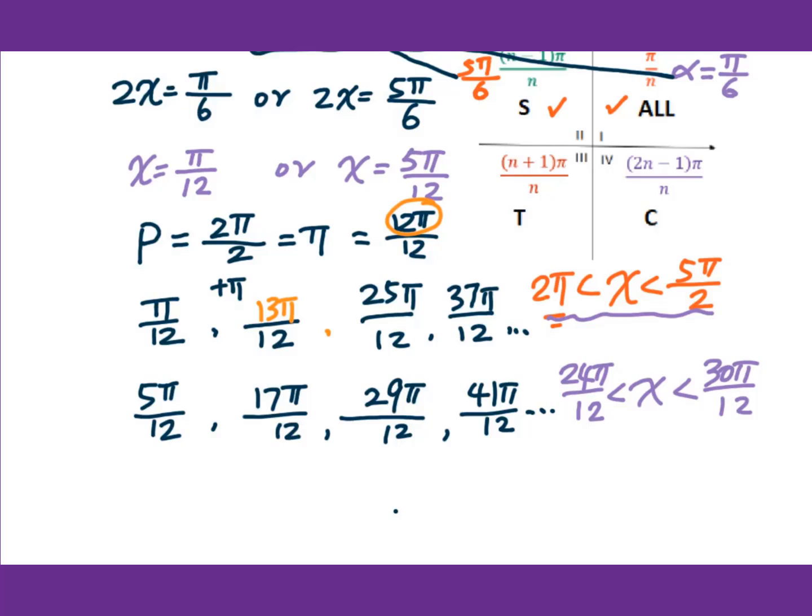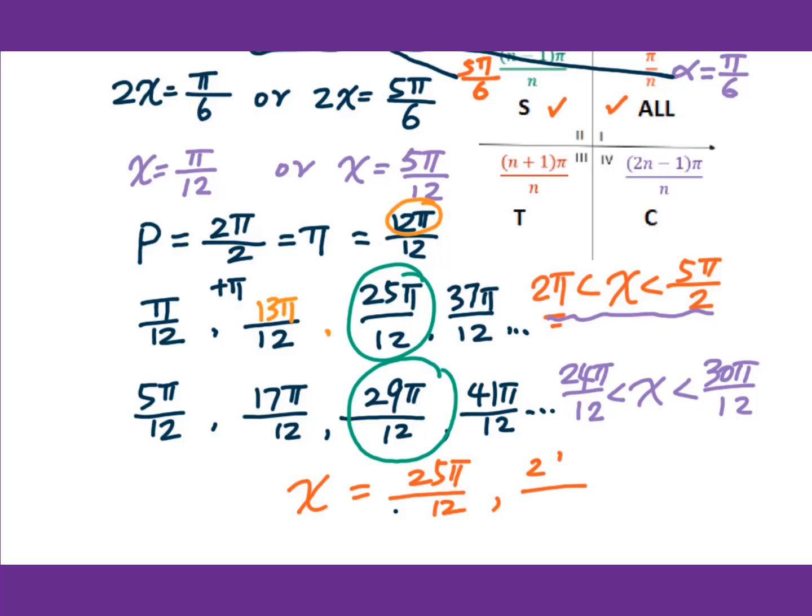So it's easy for you to choose which ones will be your solution. I have 25 pi over 12 and 29 pi over 12 as the solution. Therefore, I will write down x equals 25 pi over 12 and 29 pi over 12.